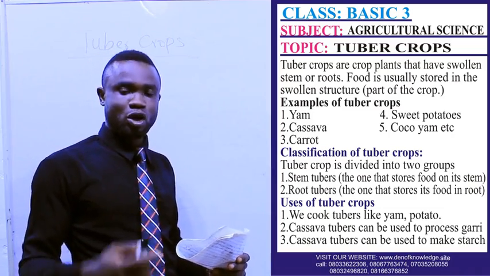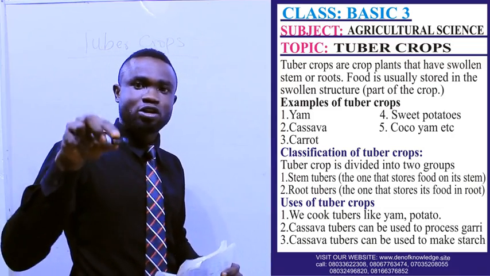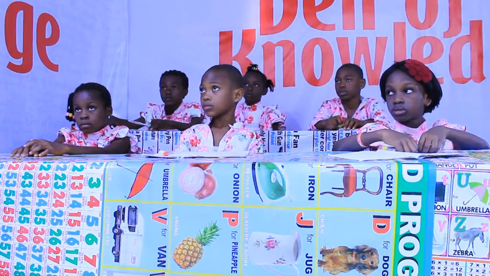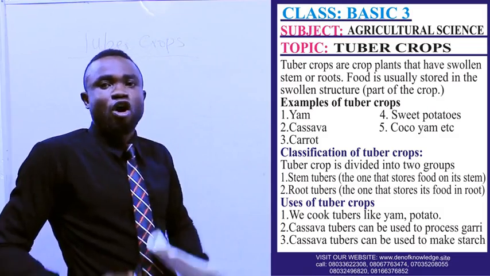Listen again. Tuber crops are the crops that have swollen stem or roots.